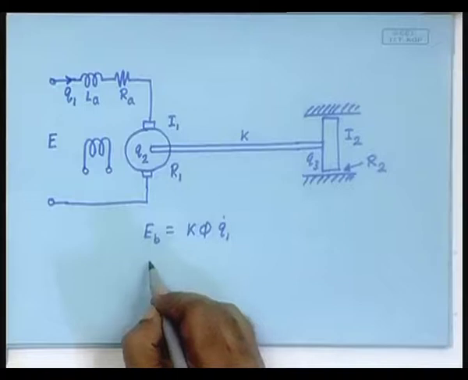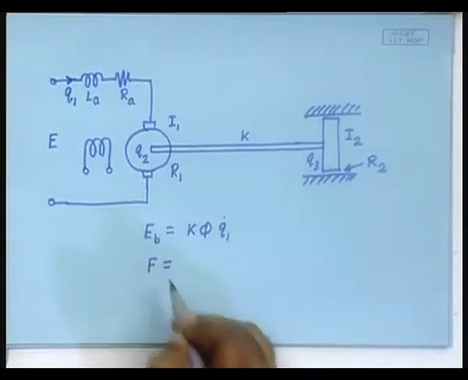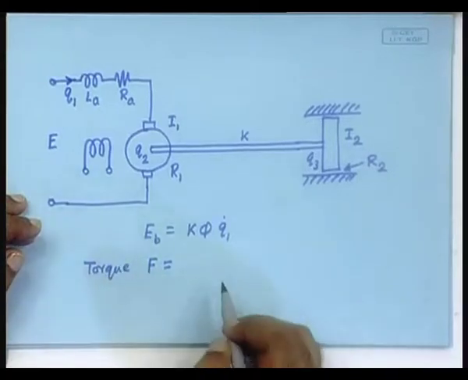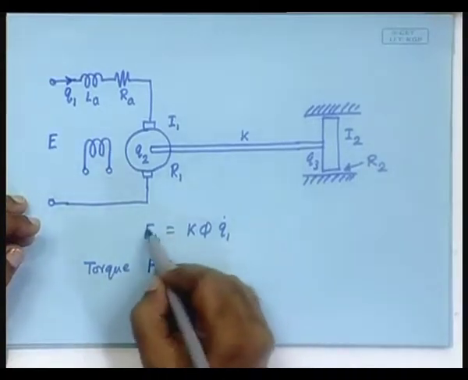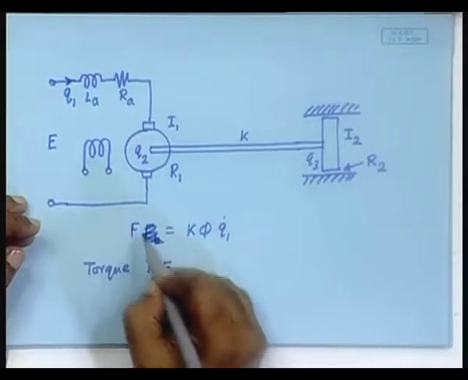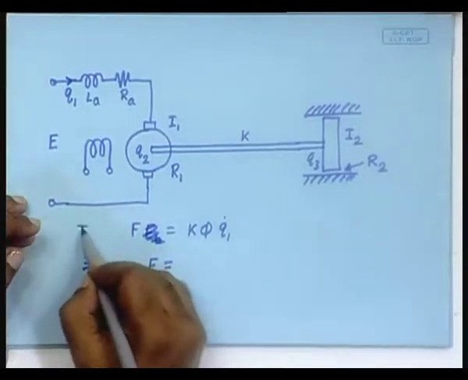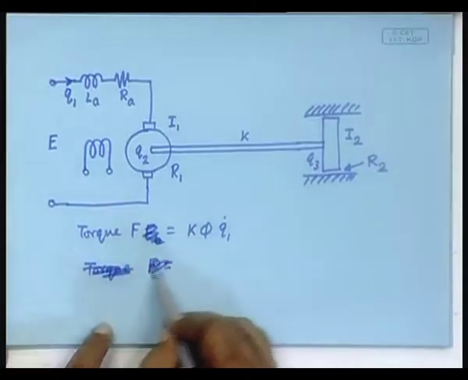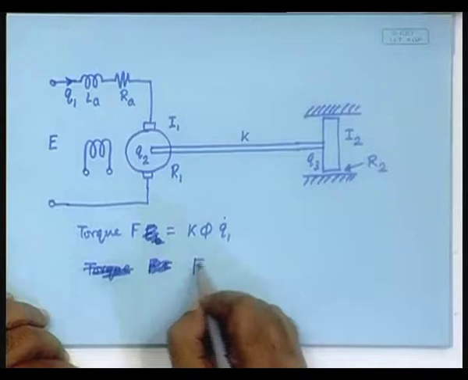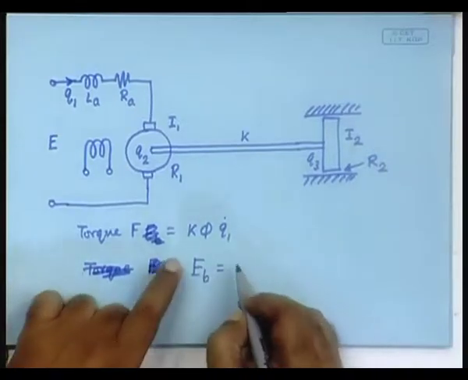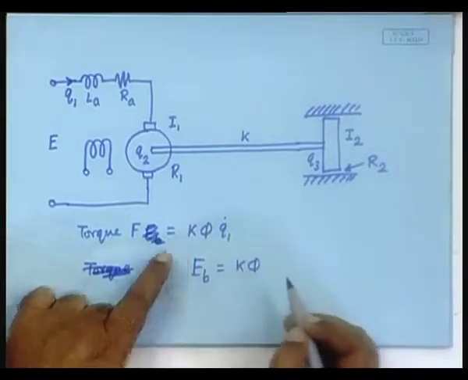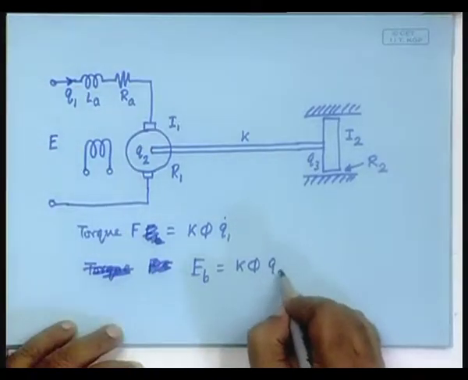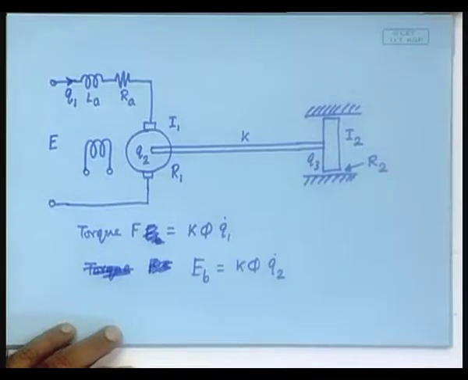So, we will write it as F, which is K phi IA, the torque. Back EMF EB is K phi times the speed of rotation of this one.